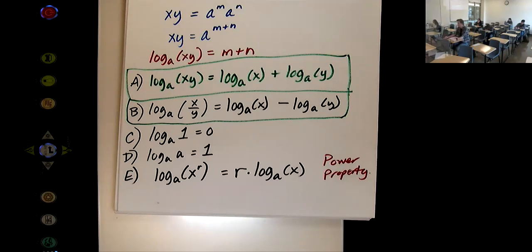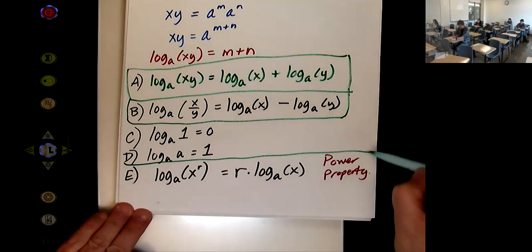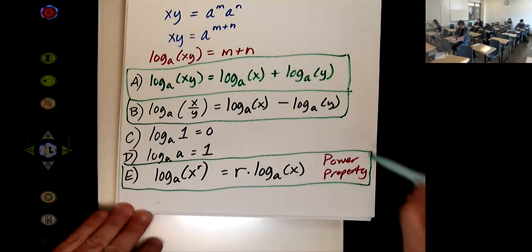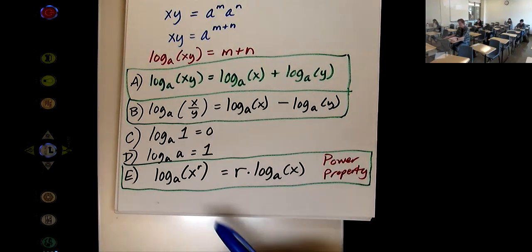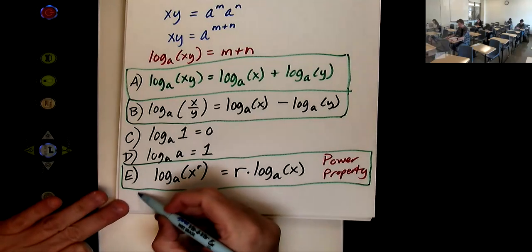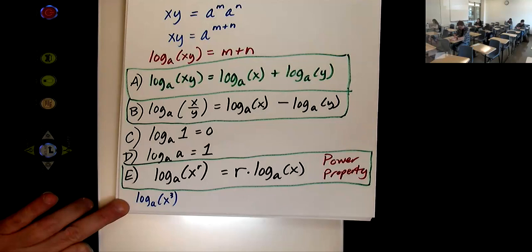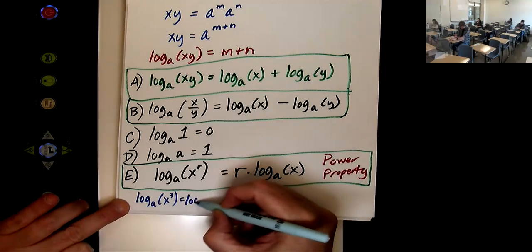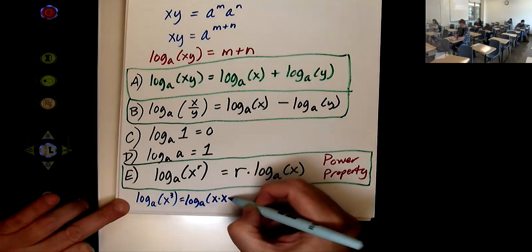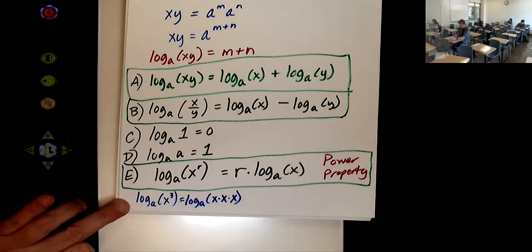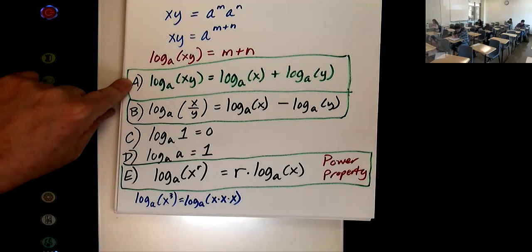I think the easiest way to see that one is seeing it in action. If I have log a of x cubed, this is like log a of x times x times x. And we apply the first rule.